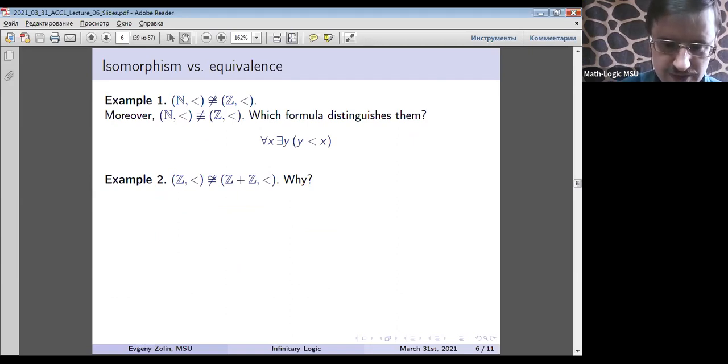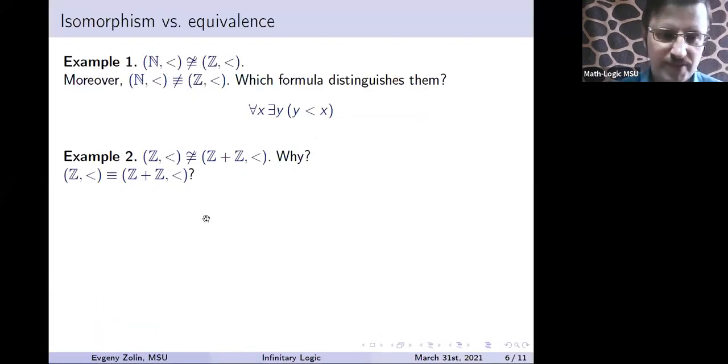We would need to write there exist x1, x2, x3, and so on. We need an infinitely long formula, but we can't write infinitely long formulas. So the question is, do these two structures satisfy the same sentences? What is your guess? Yes or no?